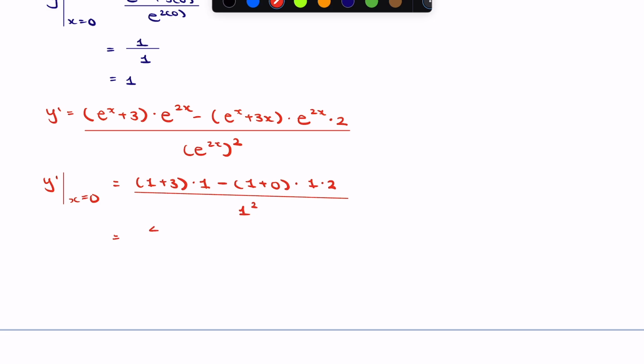So that gives us 4 minus 2 when you calculate everything over 1, which is equal to 2.